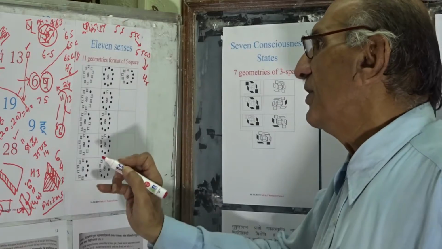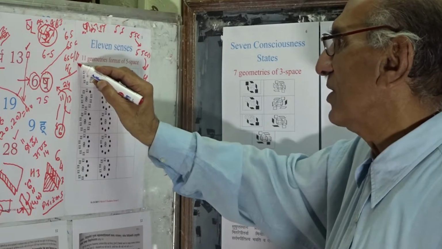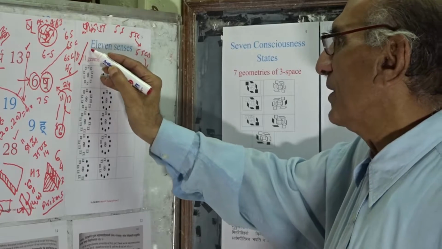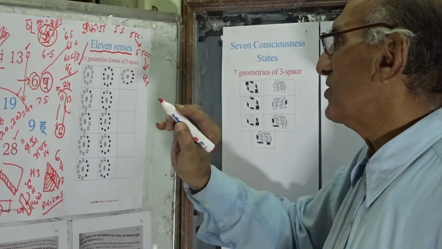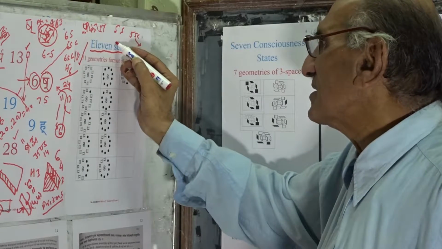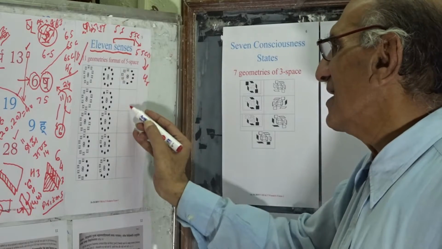We know that hypercube 5 has a range of 11 geometries. Hypercube 5 has 11 versions, and these 11 versions are parallel to the 11 senses.